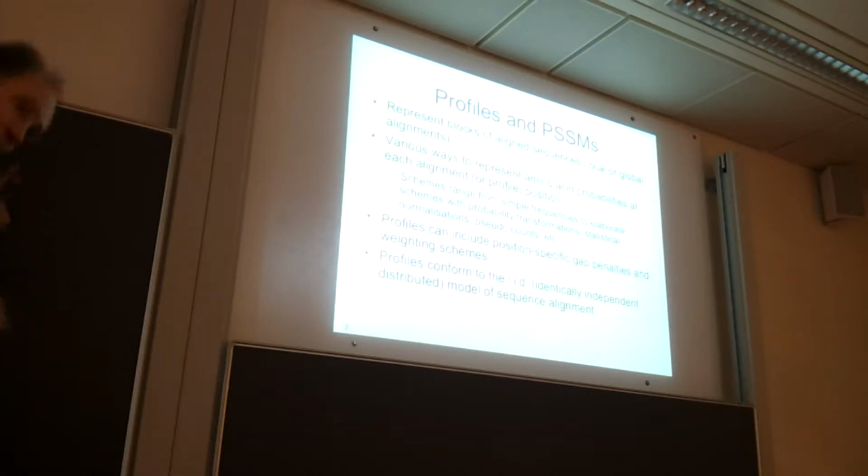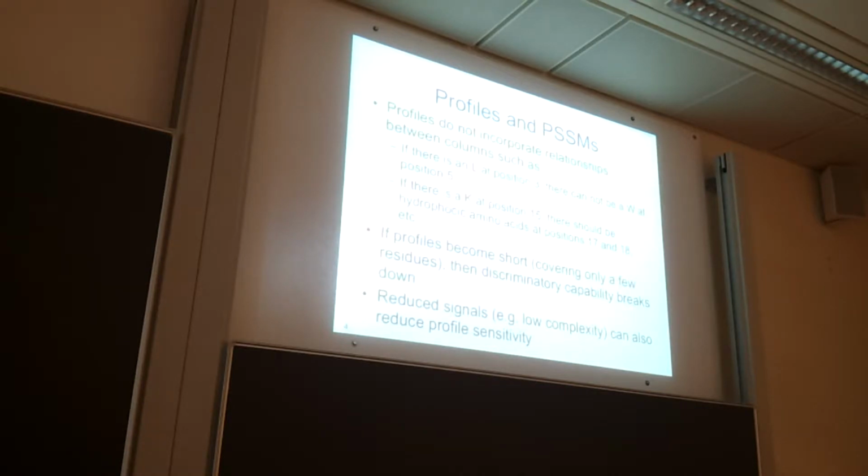But importantly, the vast majority of methods in sequence analysis conform to an identically, independently distributed model of sequence alignment, meaning everything is in fact independent. So we can just multiply the probabilities of all of these events. And that has a few consequences.